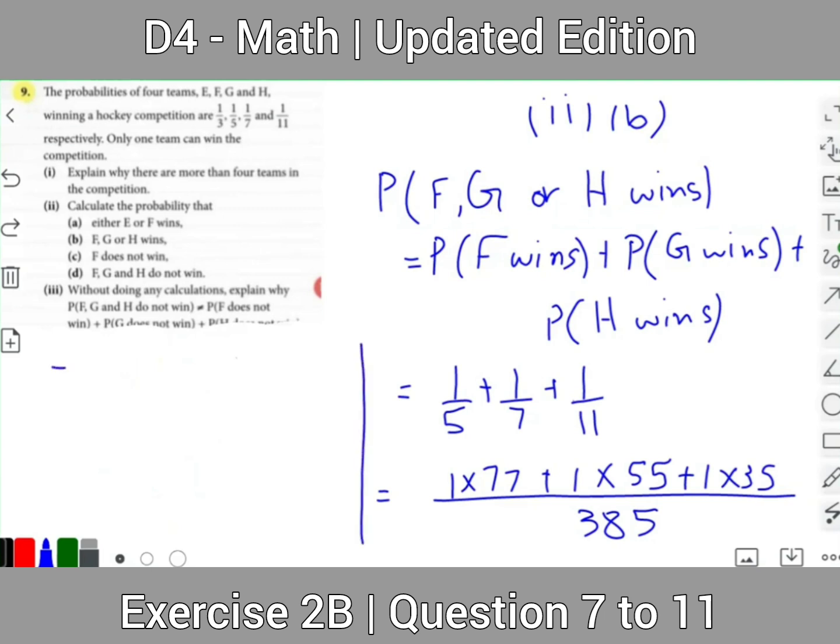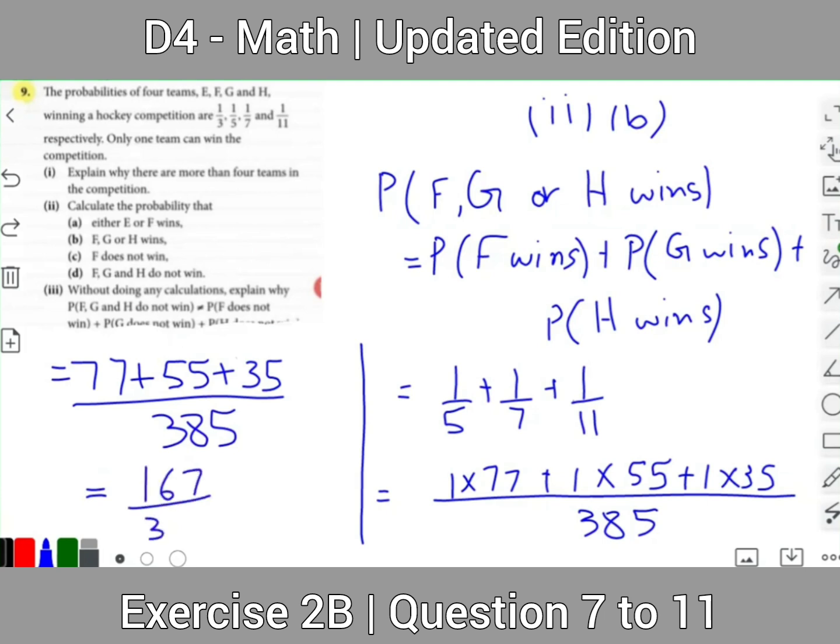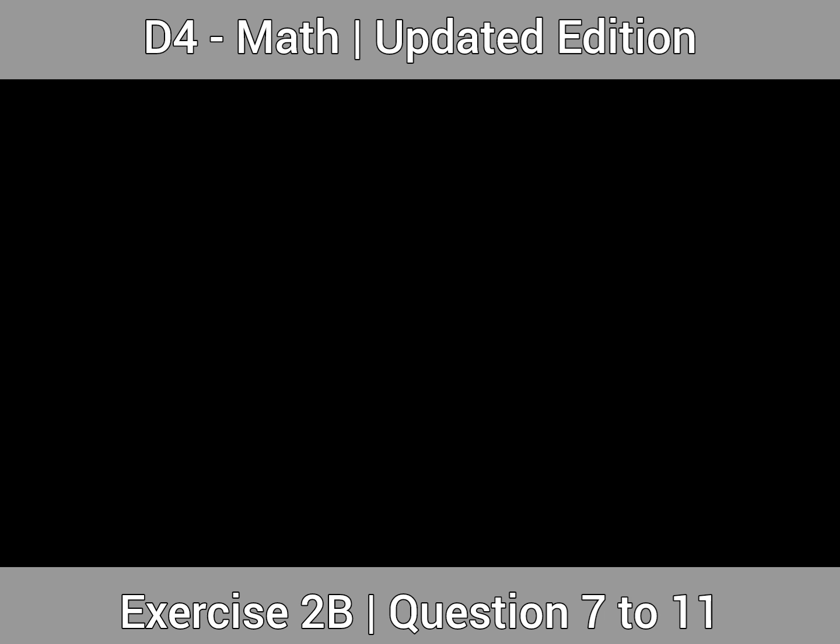Now we have 77 plus 55 plus 35 over 385. And after adding these three numbers, we have 167 over 385. So the probability that F, G, or H wins is equals to 167 over 385.